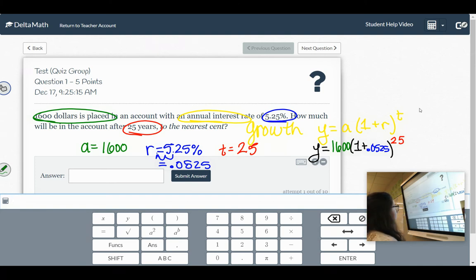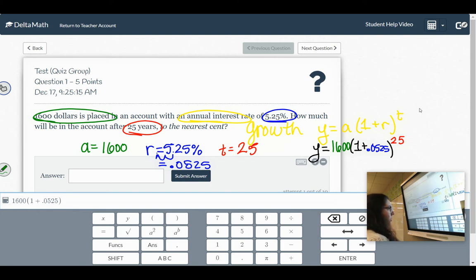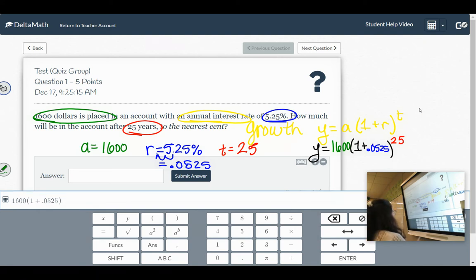So for our calculator, we'll just type in the numbers, 1,600, parentheses, 1 plus 0.0525, and our parentheses. And to get an exponent, we use Shift 6 on the keyboard. You could also use this A to B button down here. That gives us the option to type in whatever we want for our exponent. And our exponent for this problem is 25.